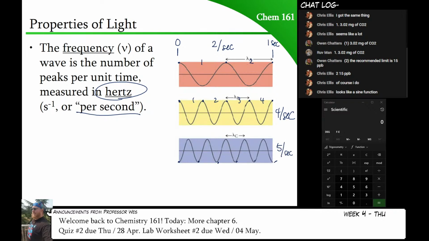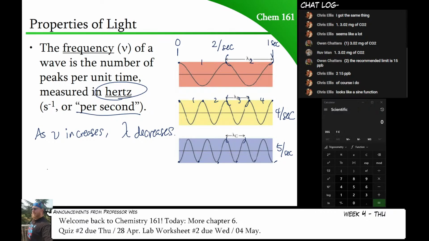Now, you're noticing that the wavelength for each of these is getting smaller and smaller. As the frequency, which has this variable nu, this is not a v for velocity, this is the Greek letter nu, increases, the wavelength decreases. How are the two things related to each other?